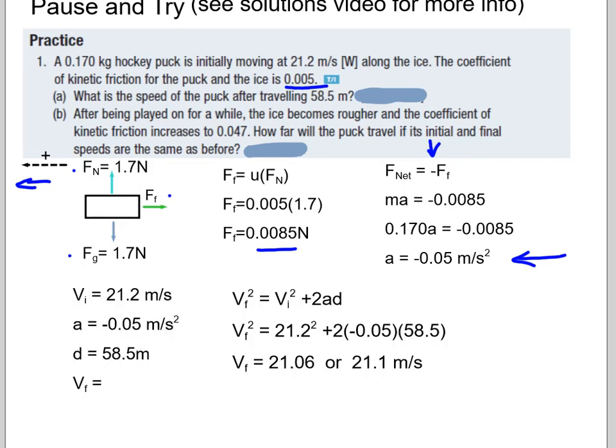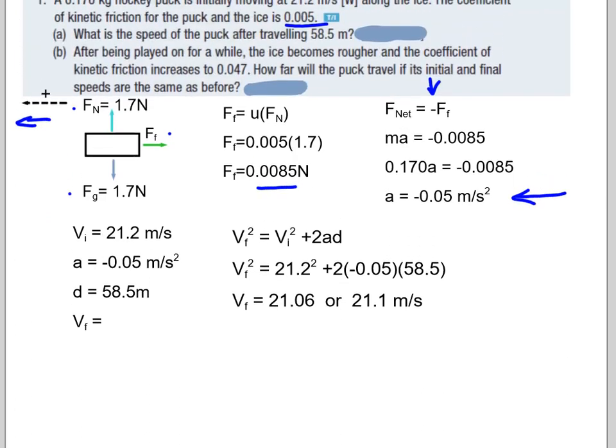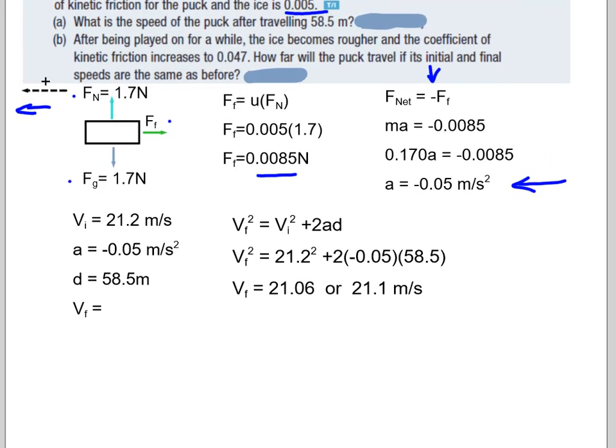Now the rest becomes a bit of a kinematics equation. Okay, and we'll get used to that. We're going to merge a lot of this stuff together. So I have listed out my kinematic pieces of information. I have an initial velocity of 21.2. I have my negative acceleration. I'm traveling 58.5 meters, and I'm trying to find the VF. So if I plug those numbers in, and then by the time I calculate the right-hand side of this expression and then square root it, I didn't type that in, but make sure you square root that.